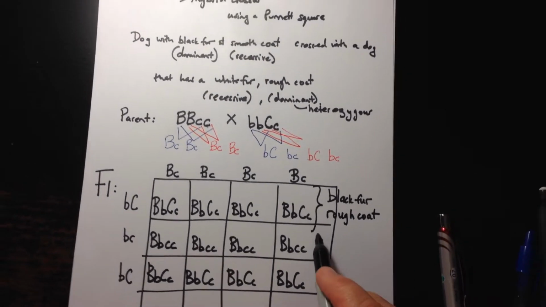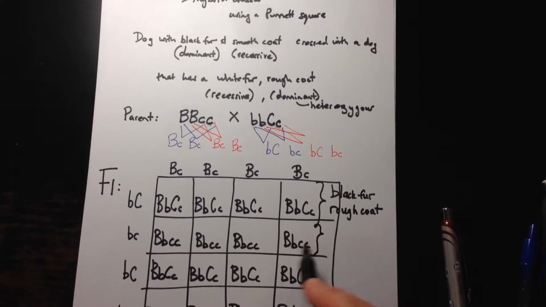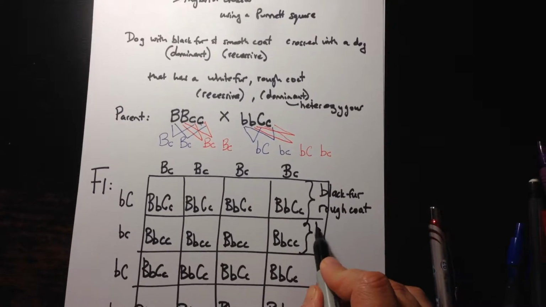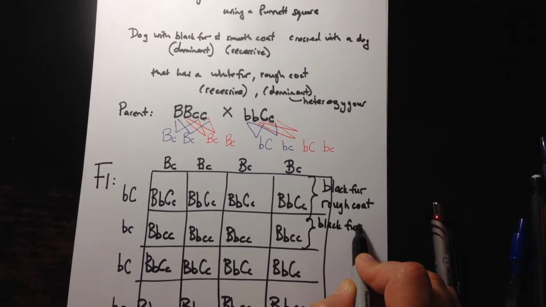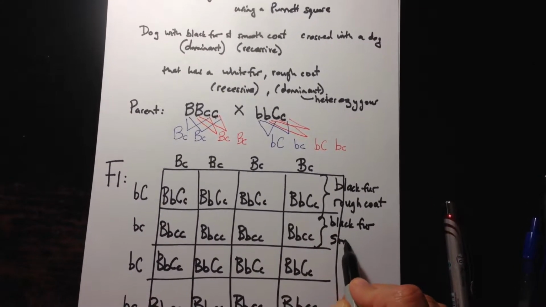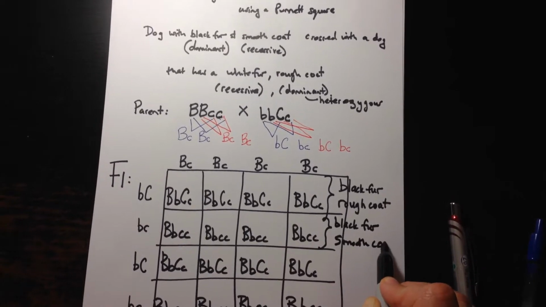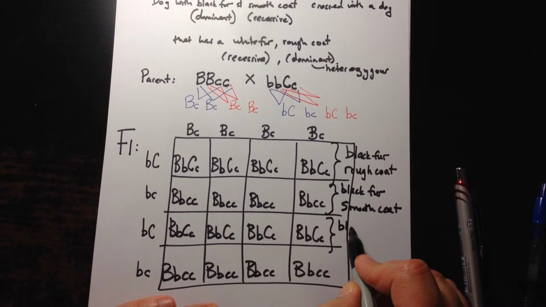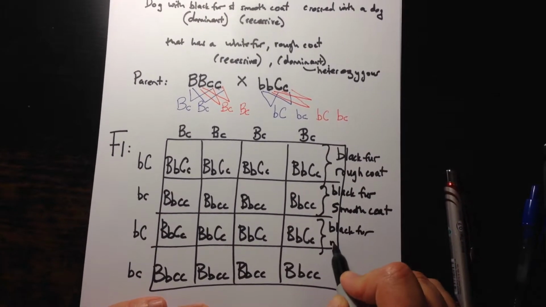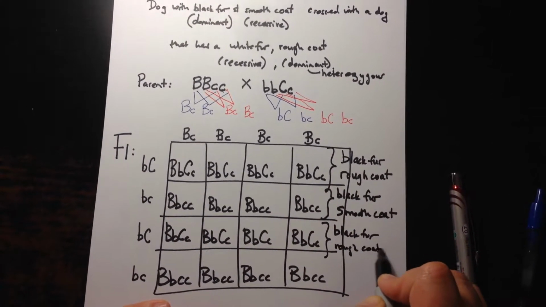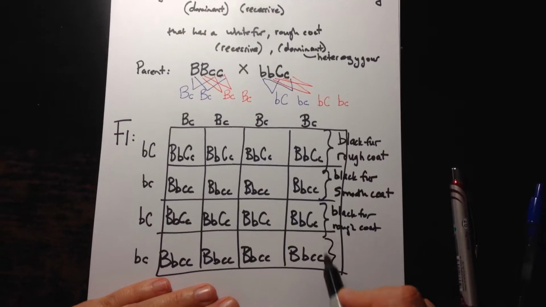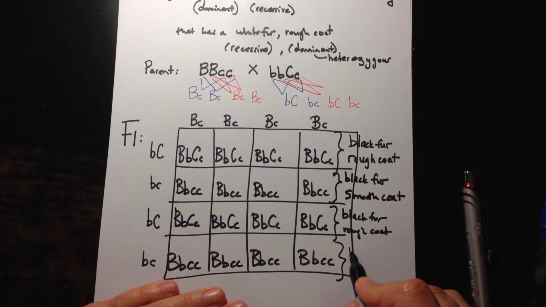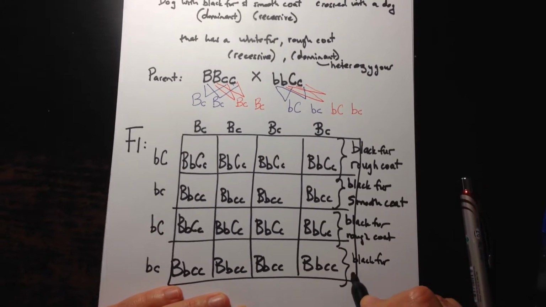If you look here at the second row, you'll see this is different. These have black fur with a smooth coat. These over here are the same as the first row, black fur with a rough coat. And then these down here, the same as the second row, black fur with a smooth coat.